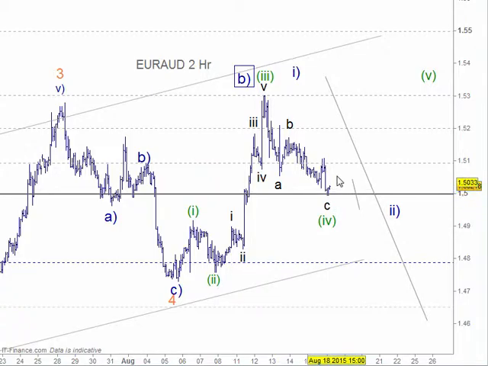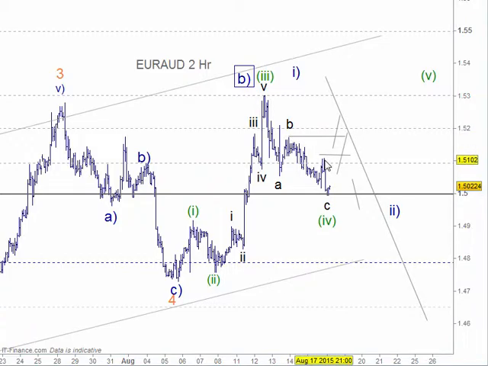So that's all fine, but we need to take this high out through here before looking for any sort of long trade there. And of course, taking out this top here would also confirm that this is an ABC correction, okay? So that's the critical one.